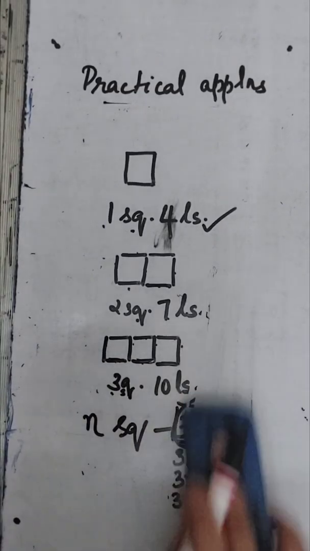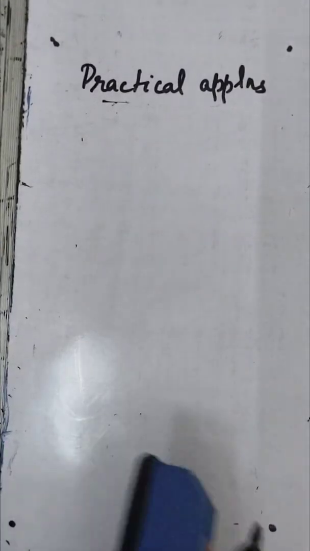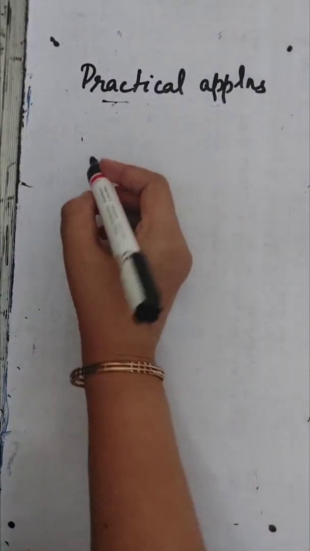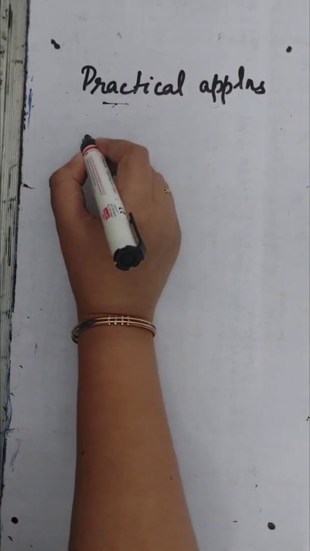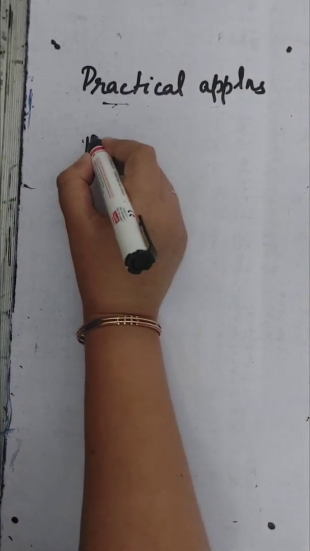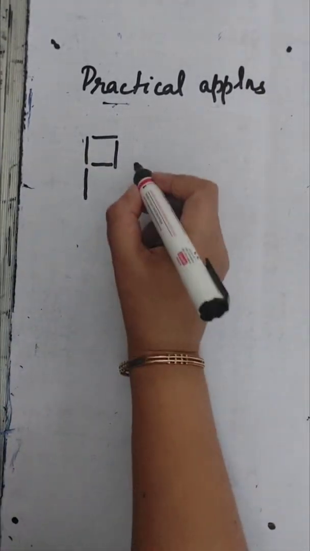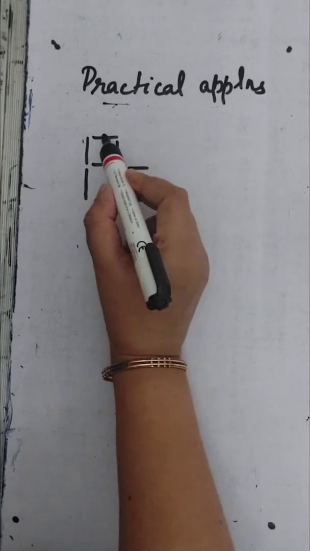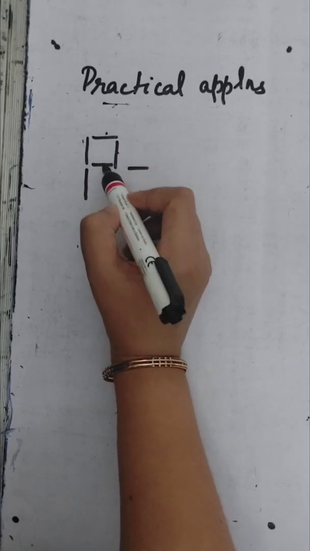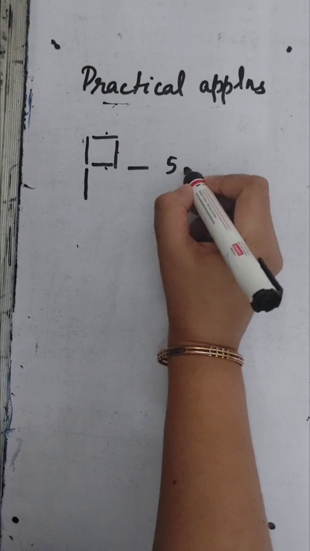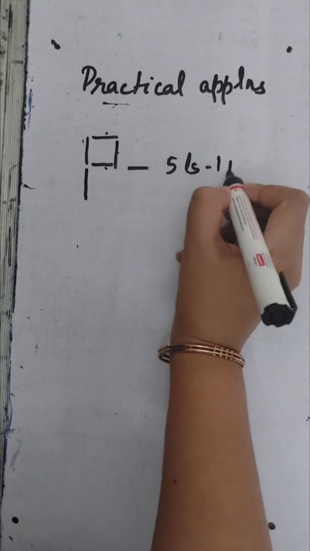Okay, now let's take another example. Let's take this pattern. Okay, so this is a P which is made up of how many line segments? 1, 2, 3, 4, 5. 5 line segments for 1p.